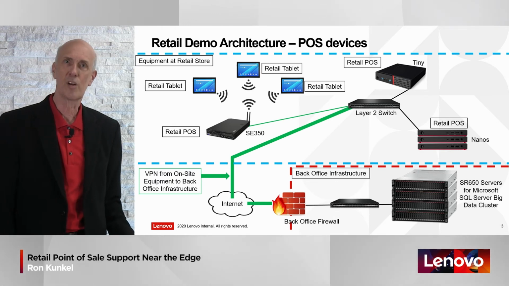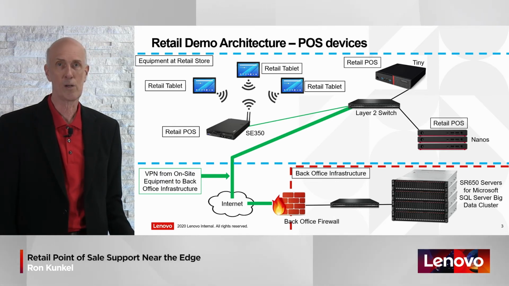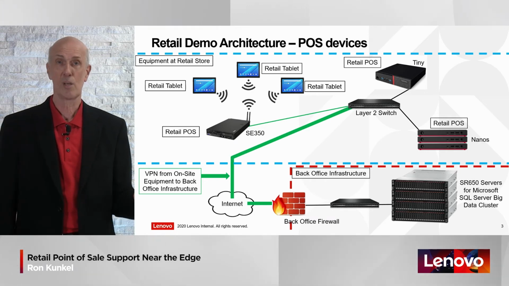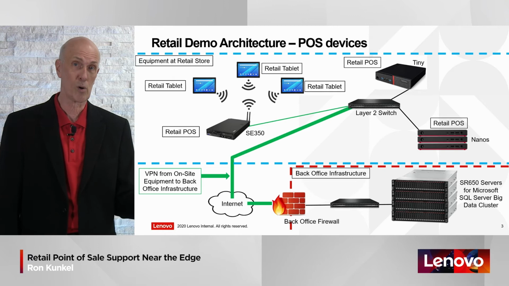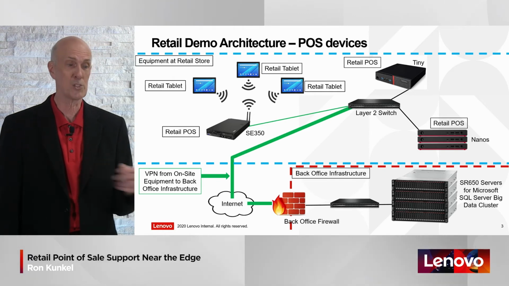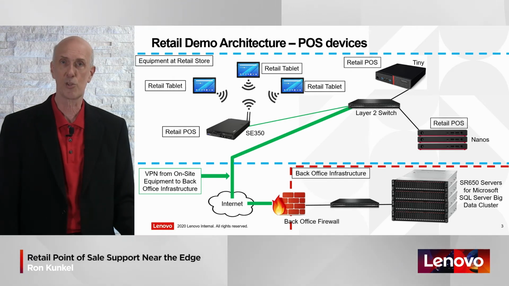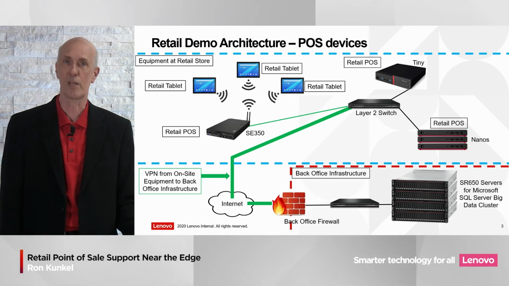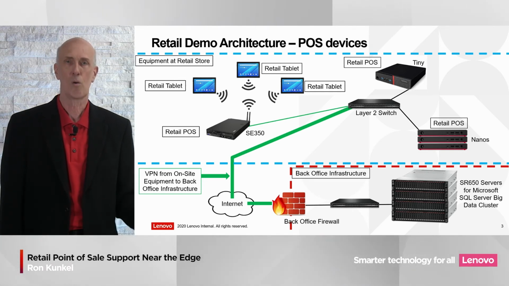The Wi-Fi is very interesting, particularly in a retail environment where you may be using mobile platforms like PCs that are not connected to the network with Ethernet, but instead wirelessly connected back to your SE350, or tablets that you may be using for mobile sales, either out on the sidewalk or just a lighter application inside the store. So Wi-Fi and LTE is one capability.